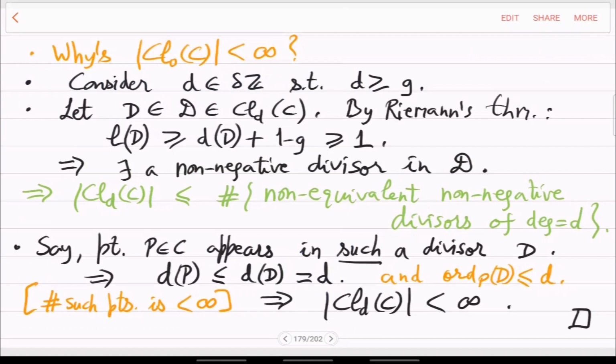So H of C was this definition, size of the degree 0 class group. That's called the class number of the curve.